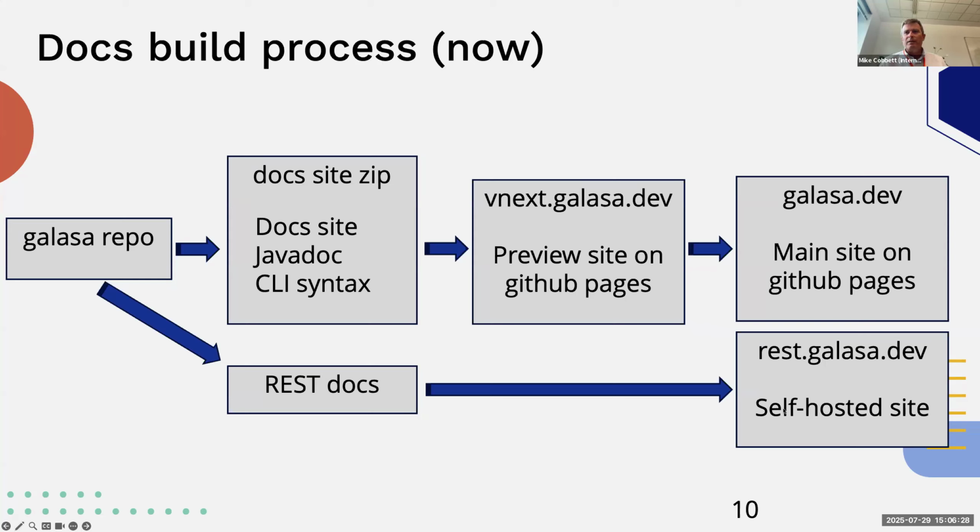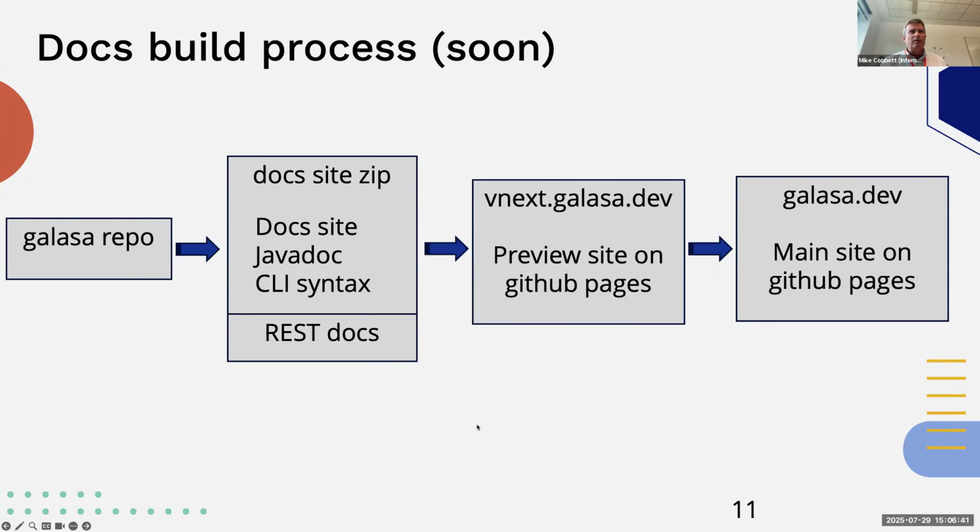The REST docs remain self-hosted on this DNS reroute to the IBM infrastructure we've been using in the past. But not too long from now, we hope to pull the REST docs into that, and it will just be part of the documentation. Advantage of that is anything in the one site is searchable, so we end up with search indexes for things like the CLI docs we didn't used to have.